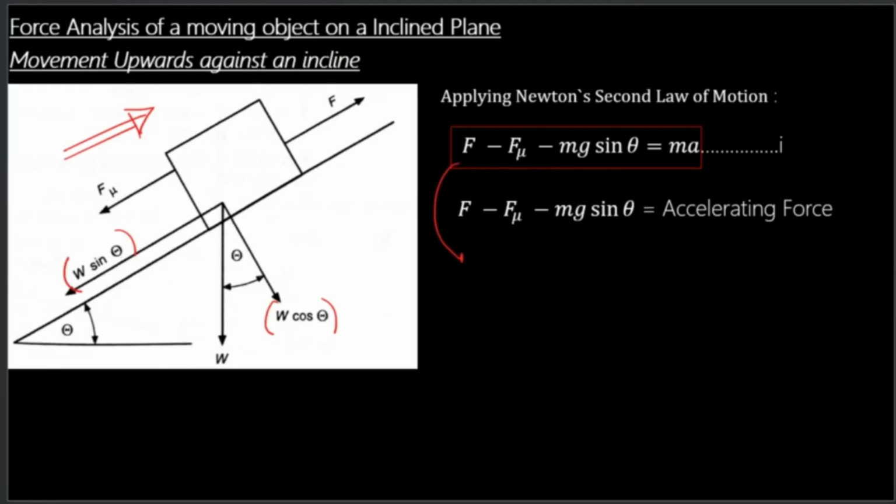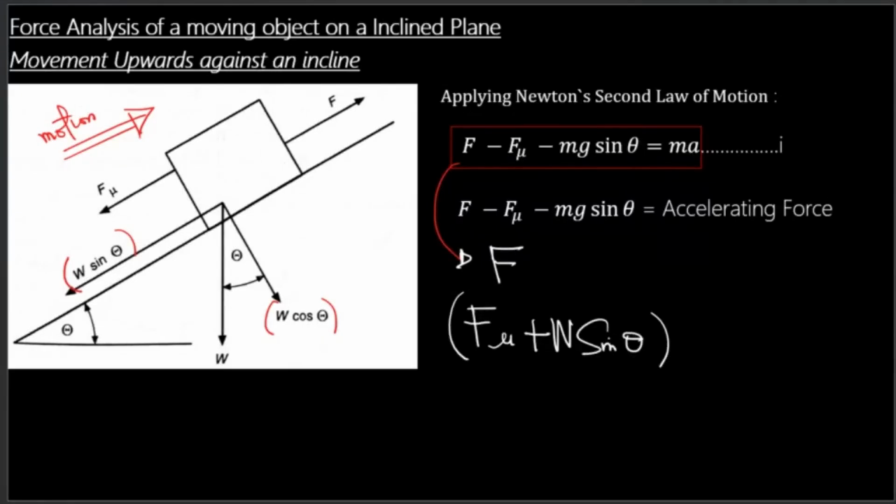Okay, how is this formula derived? I just want to show you something here. If you look at this concept, the direction of the motion is upwards, right? Now it simply means that we have a force F facing one direction, and then we have the frictional force, the sum of the frictional force plus the component of the weight that is parallel to the inclined plane, facing the other direction.